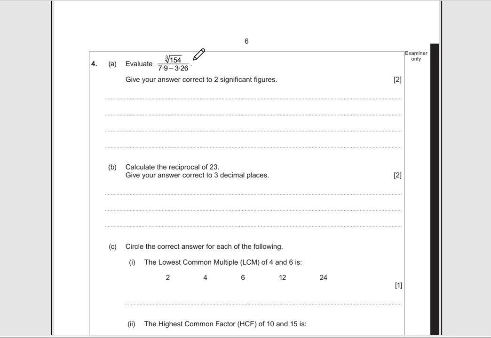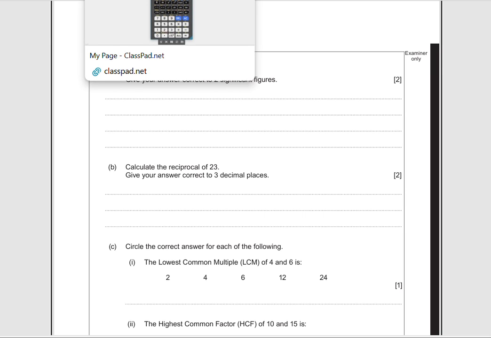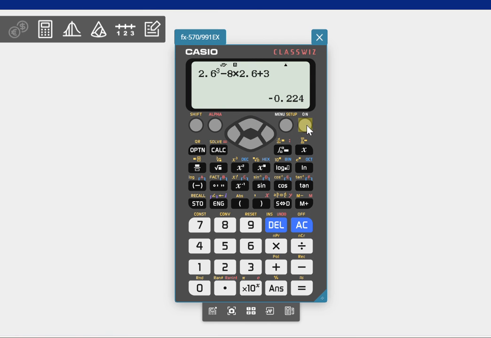Evaluate this. Give your answer correct to two significant figures. Okay, so let's go back to the calculator. First of all, you want to press the fraction key. Let's type it in exactly as we can see it on the page. So shift and this square root will give you the cube root, 154.